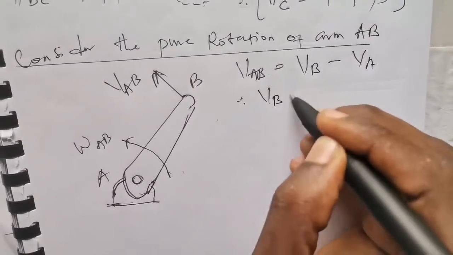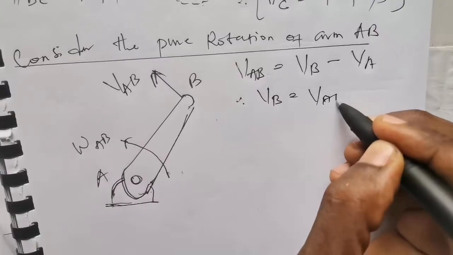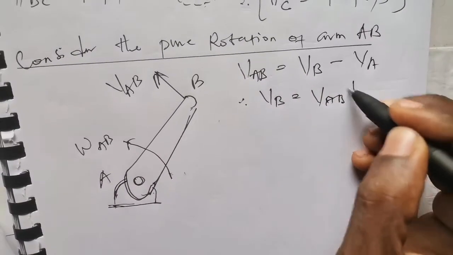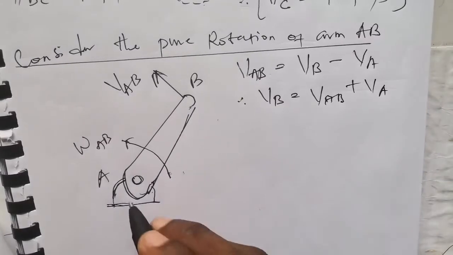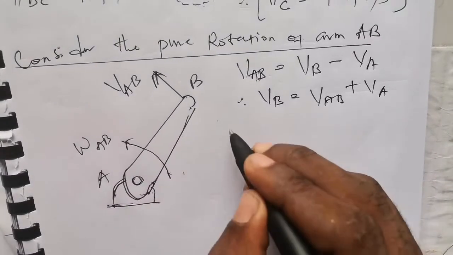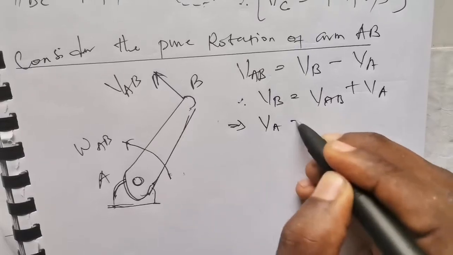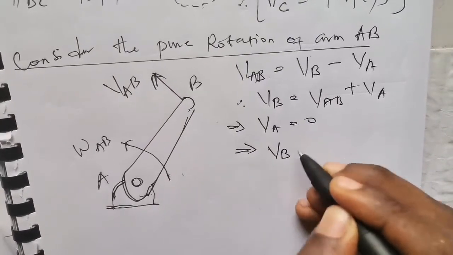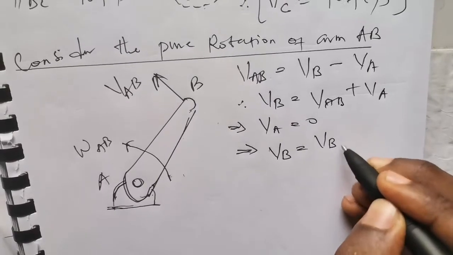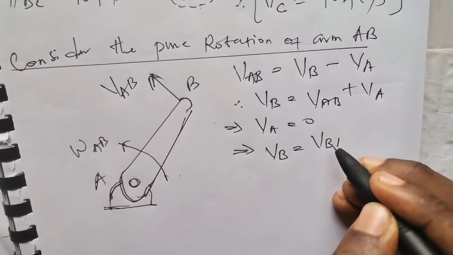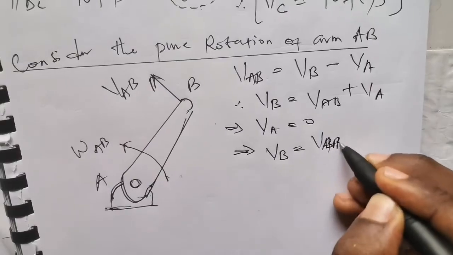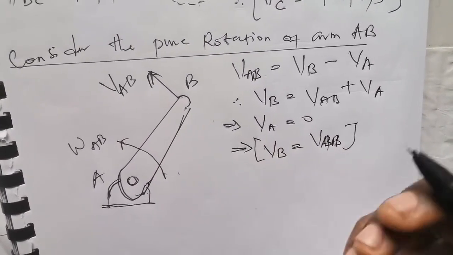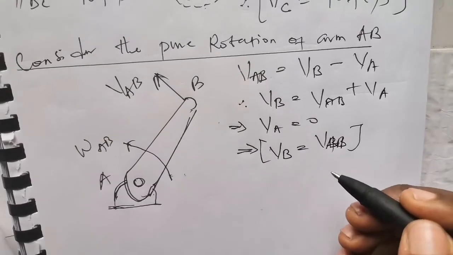Therefore, V B is equal to V B relative to A. Now this negative sign across an equal sign becomes positive, so I have plus V A. But since point A is fixed, this implies that V A is equal to 0, and this simply means that the velocity at point B is equal to the relative velocity between A and B. So this becomes the value of the velocity at point B. What then is the relative velocity?